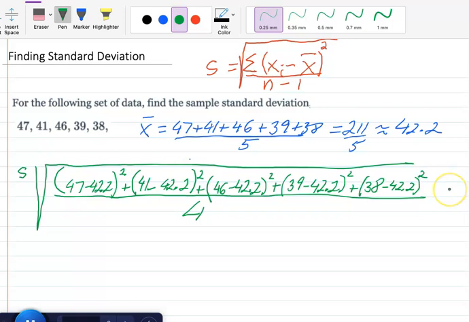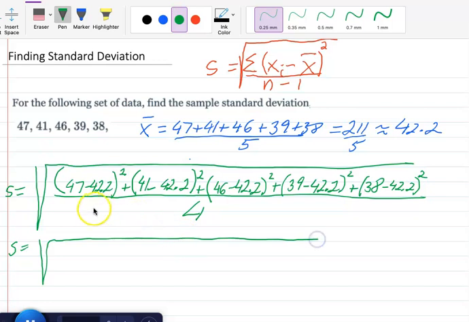So far so good? Okay, I'm going to write this as S equals, just to make it better. So let's continue. S equals, again the big square root, and now we put the values in. 47 minus 42.2 is 4.8 squared, plus this number is negative 1.2 squared.